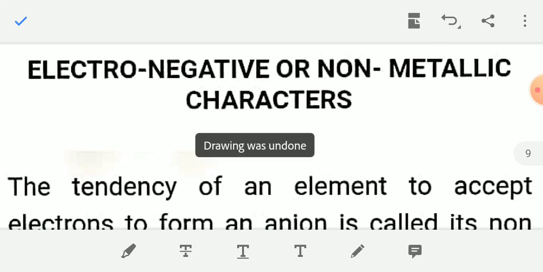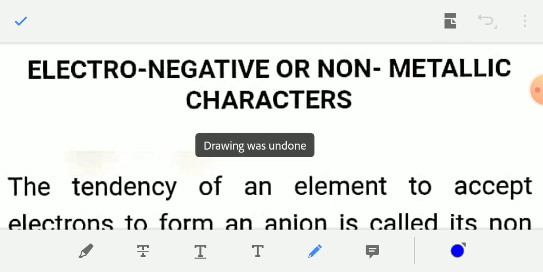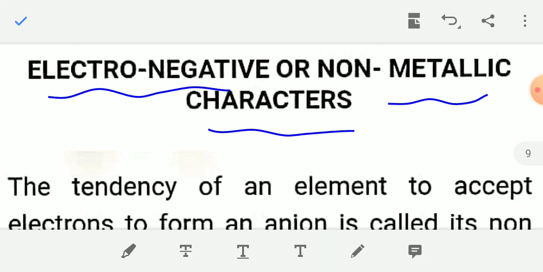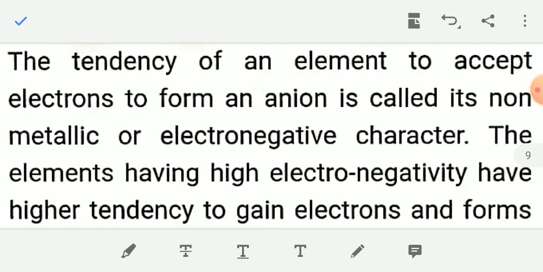The next periodic property is electronegative or non-metallic character. Non-metallic character is just the opposite of metallic character. What is non-metallic character? The tendency of an element to accept electrons to form an anion is called its non-metallic or electronegative character.